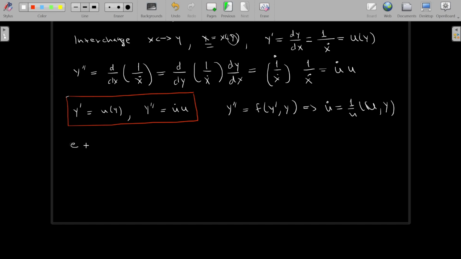Now let's take an example. So let's say you have y double prime is equal to y prime squared. One could also wonder that some examples we are doing have other kinds of symmetry that we already talked about.